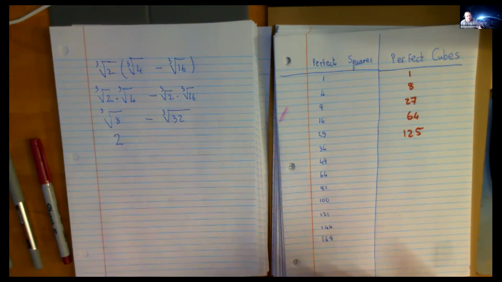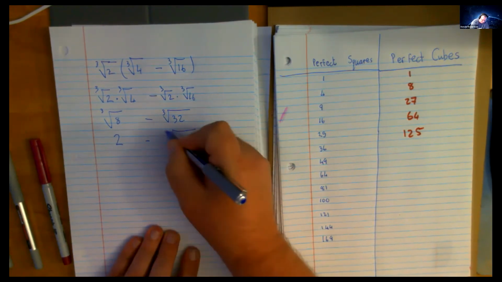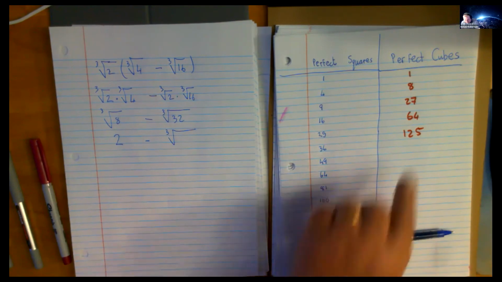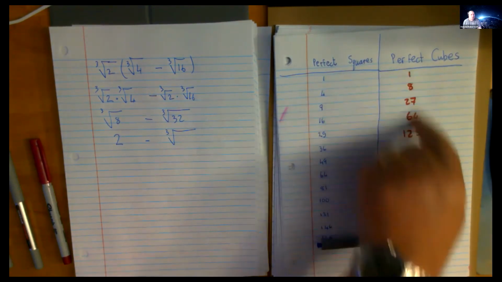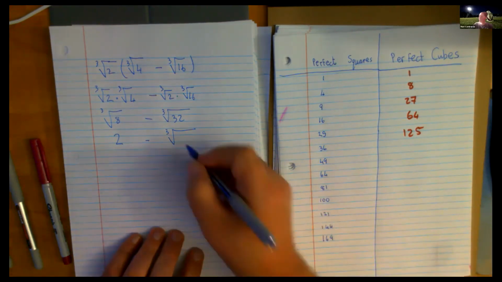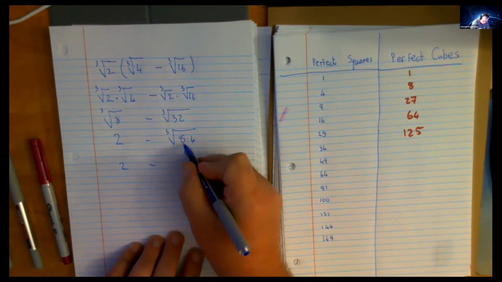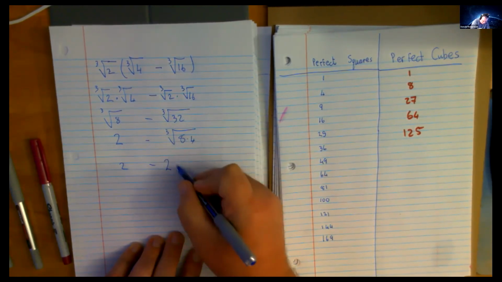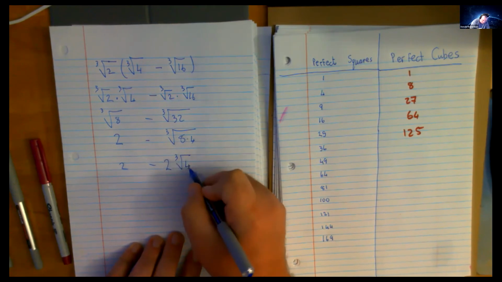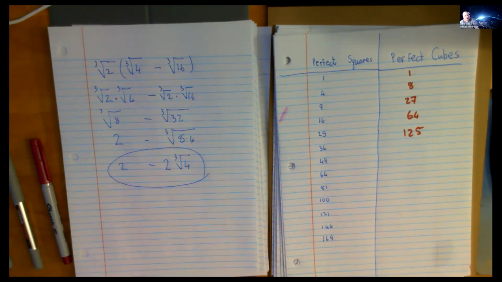Is there anything you can do about 32? Is there a guy over here that'll work with 32? 8 and 4. Okay. Which means that you'll get the cube root of 8, which is 2, and a leftover cube root of 4. And I think it's pretty obvious that those two guys are different enough that you can't combine them, so you're finished.